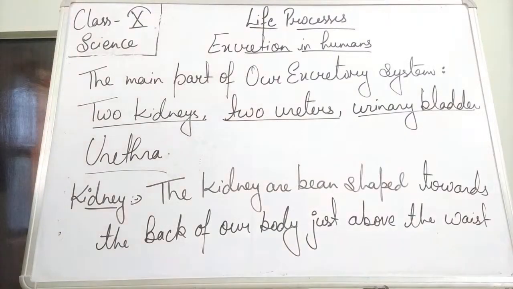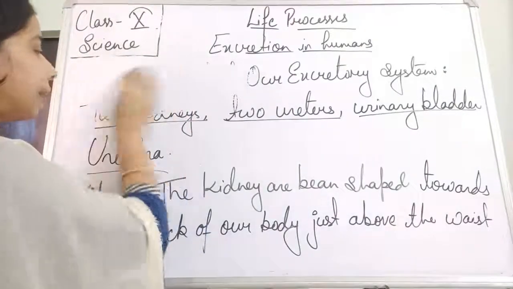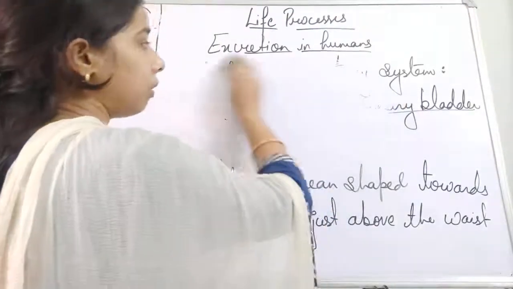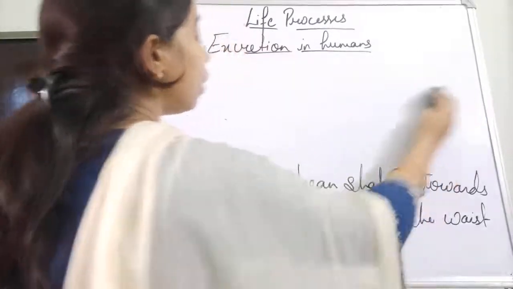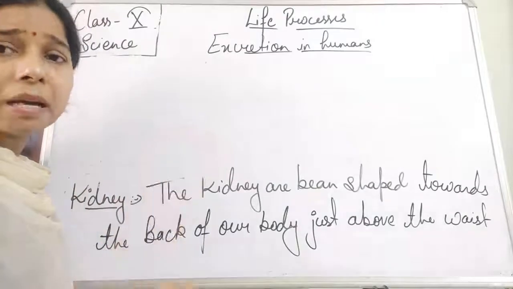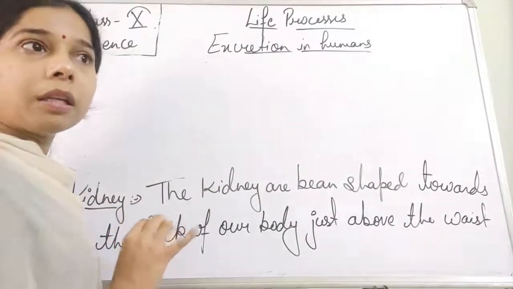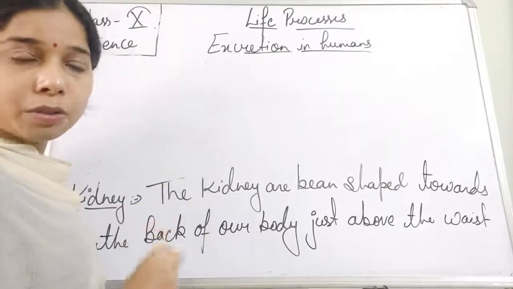Now what happens here, students? The blood is constantly passing through the kidney. The blood which is carried from the heart is in the artery, so the renal artery enters the kidney. It continuously passes blood to the kidney, and the renal artery, which carries the dirty blood, enters the kidney.